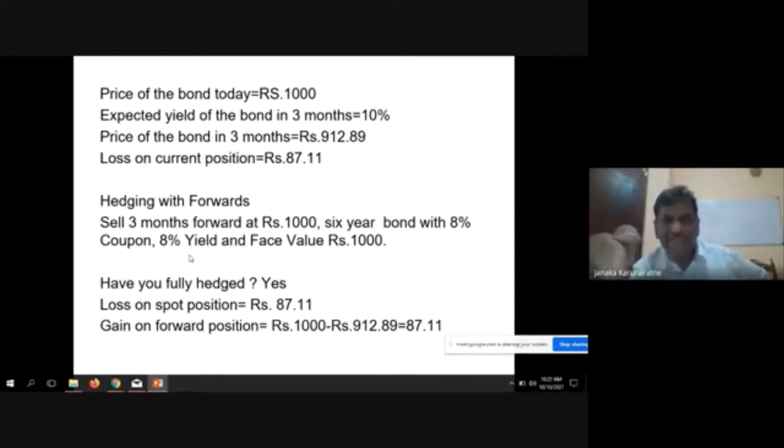Now let's say you didn't hedge. Of course, if the interest rate went up to 10%, you will end up with an 87.11 loss. Unfortunately. But let's say factors were on your side and you ended up with a declining interest rate.